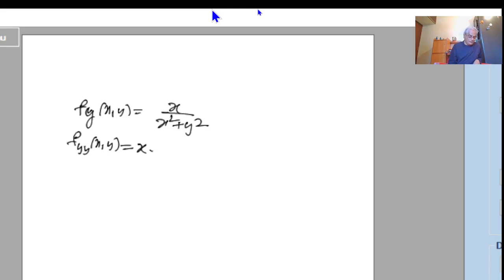The derivative of 1 by x square plus y square is minus 1 by (x square plus y square) whole square into the derivative of x square plus y square with respect to y, which is 2y. This is our fy square.